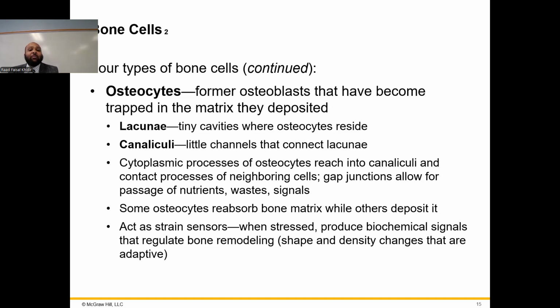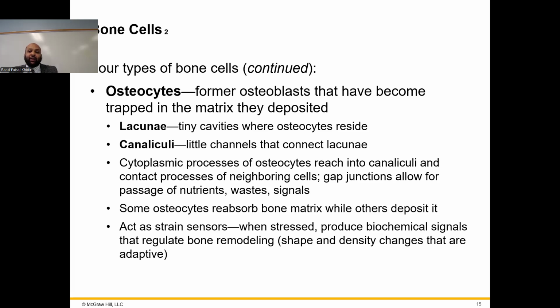Students used to have a problem with the difference between lacunae and canaliculi. You know canaliculi from the name, canal. That's why they call it canaliculi. Canaliculi is a canal, and that canal connects the lacunae.